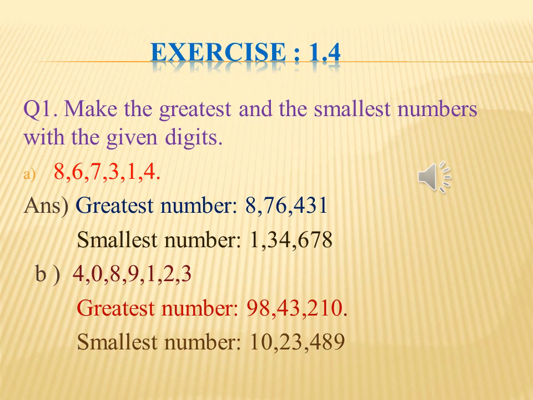Now going on to the second bit, bit B, the digits given are 4, 0, 8, 9, 1, 2, 3. First, let us write the greatest number. The greatest number we'll write by arranging the given digits in descending order. So the largest digit among the given numbers is 9.